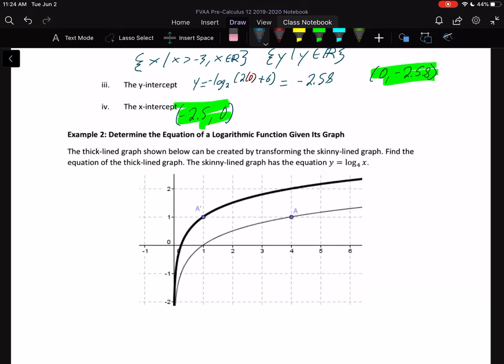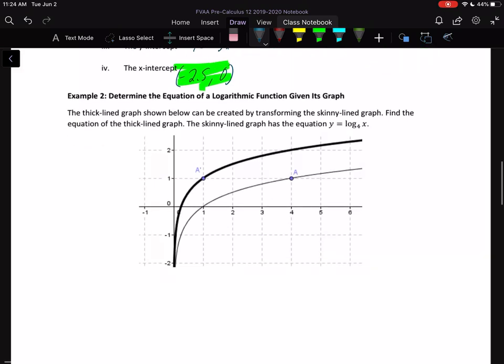The skinny line graph has an equation of y is equal to log base 4 of x. Okay, so in this situation here, we have to determine what values were affected by this transformation. So again, it's A, B, H, and K.